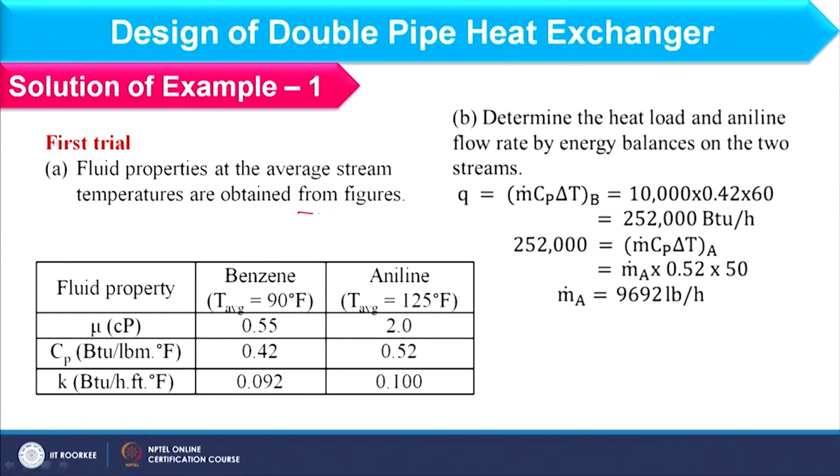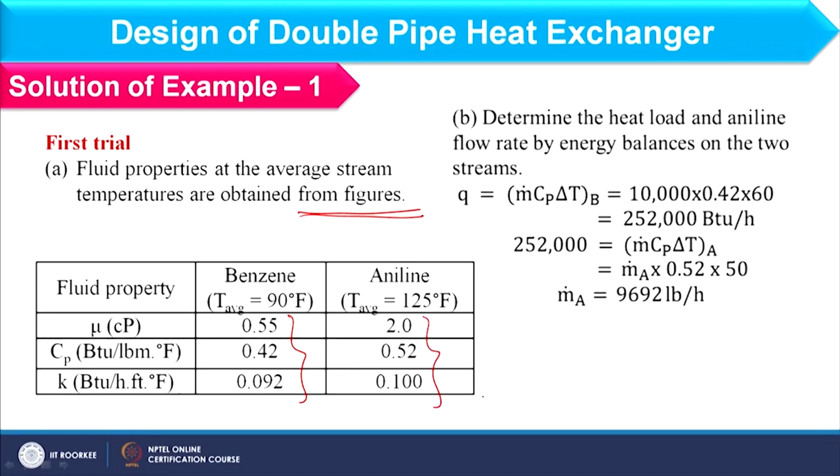I hope you understand how to collect the data from that graph, right. Considering those figures, we can take the viscosity, that is in centipoise, specific heat and thermal conductivity of benzene as well as for aniline.